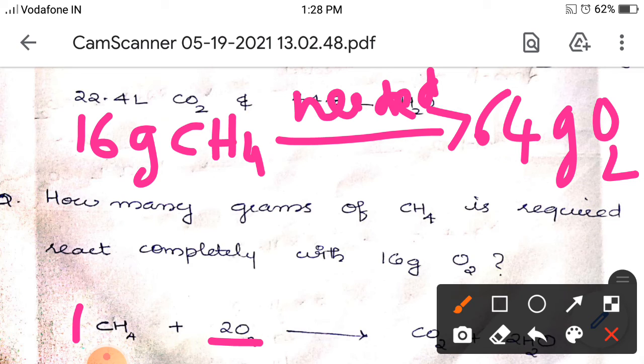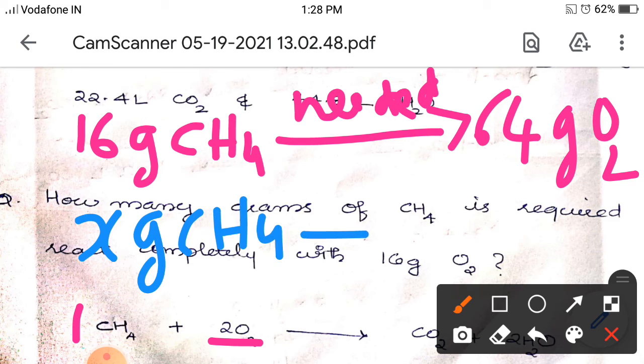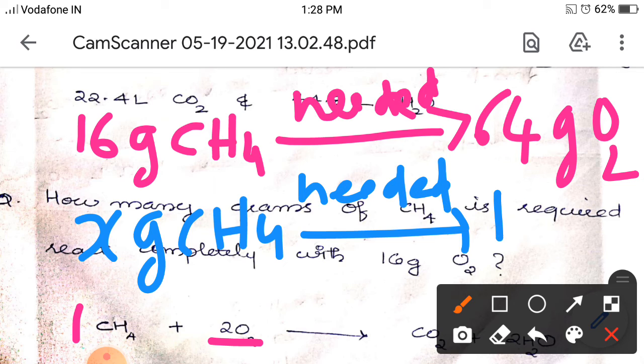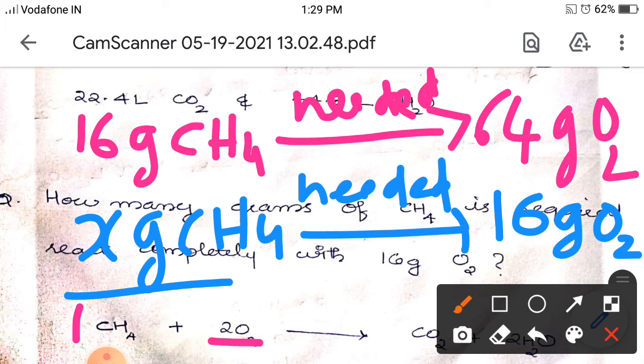Now next we write that x gram CH4 is needed for 16 gram O2. Our question is how many grams of CH4 is required to react completely with 16 gram O2, so we have to find this x. By cross multiplication we can get the number x.